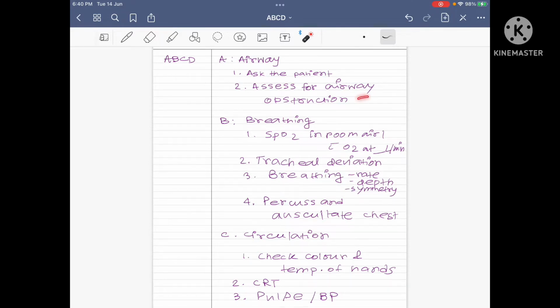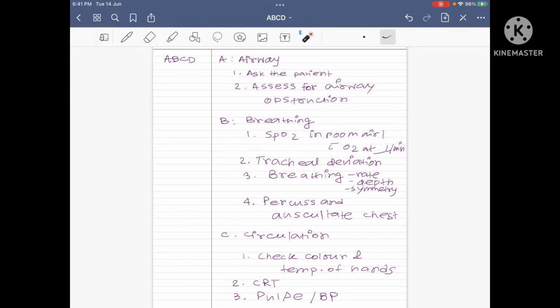Number 3, you can listen for gargling, snoring, choking or stridor sounds. You can also look for paradoxical breathing, which can indicate air obstruction. If you suspect airway obstruction, first secure it, then go to B. Or if the patient can talk, go to B straight away.